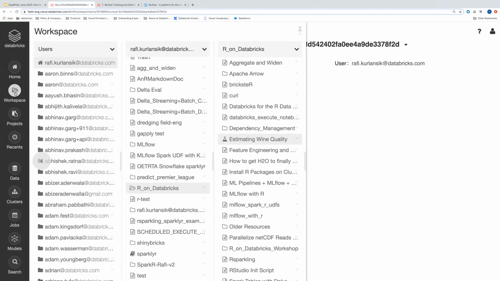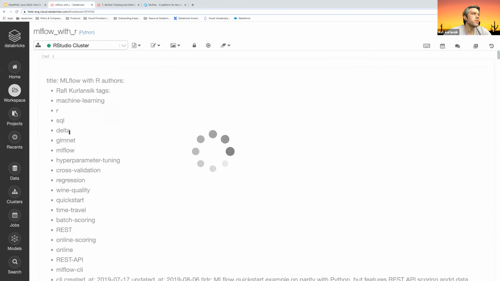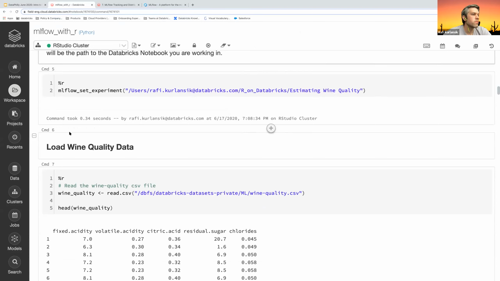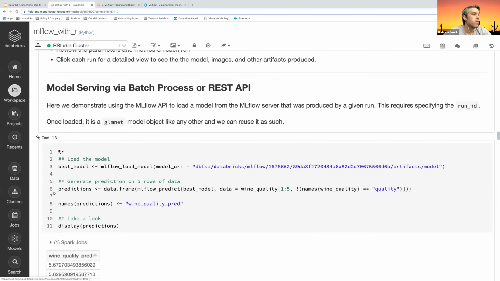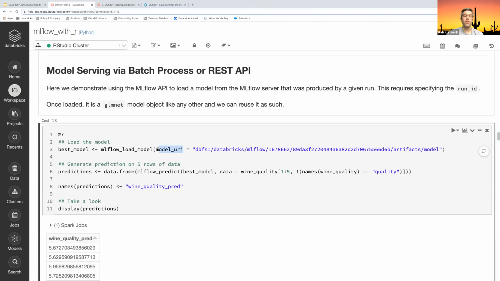All right. So let's come back to the notebook. Let's take a look at a few other interesting things that we can do here. Let's say we want to load the best model back into memory. You can do this very simply using the path to the model artifact that I just showed you in the tracking server.